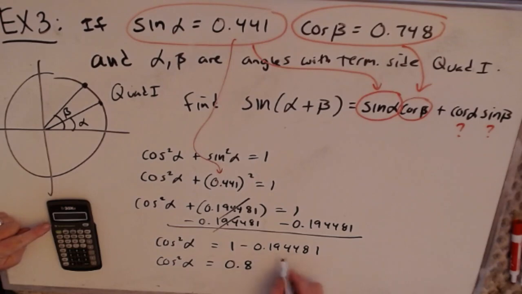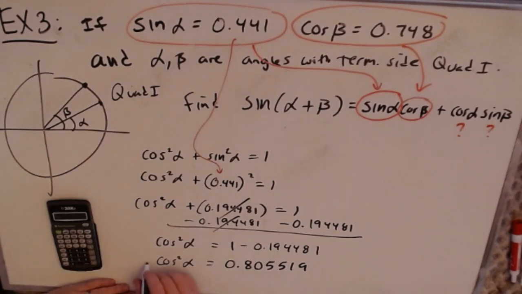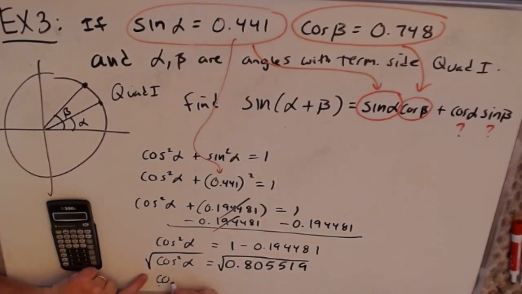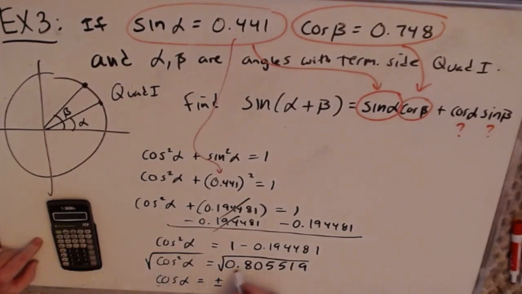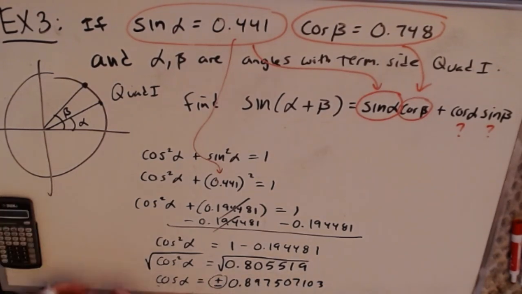So 1 minus this decimal is 0.805519. And now here's the crucial step, okay? I need to take the square root of both sides. But there are two possibilities. So square root 0.805519, you're going to get 0.8975071103. Two possibilities depending on the quadrant.